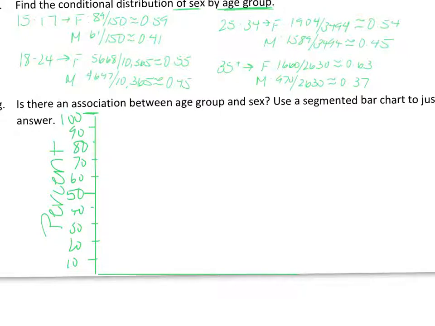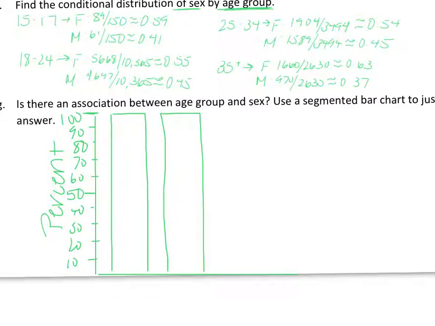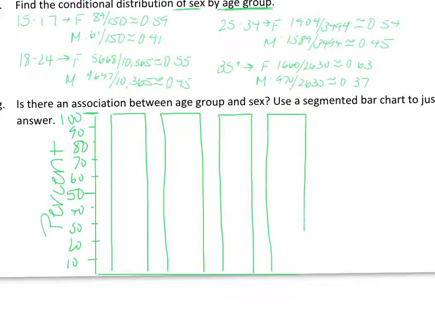And so for each of these age groups, we're going to construct a bar that totals 100%. Again, excuse my drawing, pretty awful. And we want these bars to be as close to uniform as possible. We want them all about the same size.